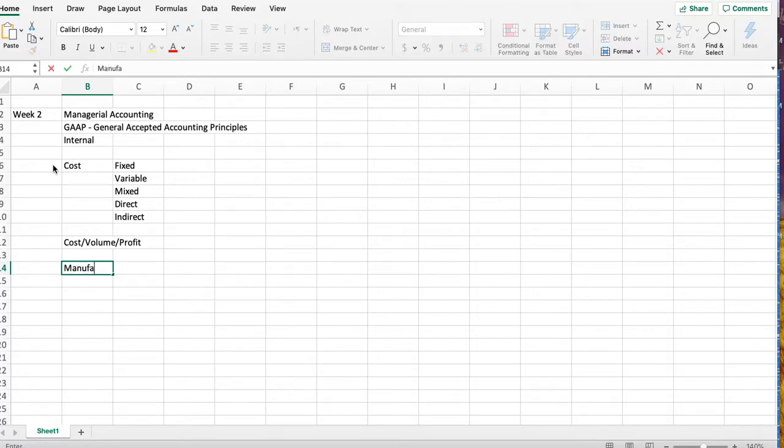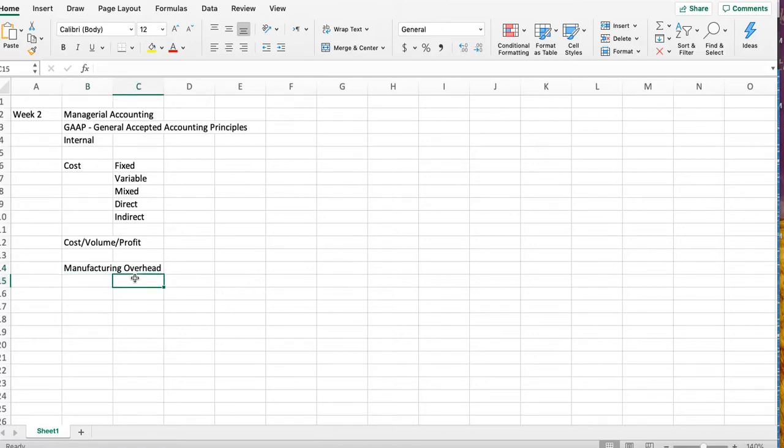And then the manufacturing overhead application. So quick, you'll hear this again, but manufacturing overhead, if it's a product cost and it's not direct, then it's indirect. And so manufacturing overhead is our indirect materials. It's our indirect labor, and then other costs associated with that.